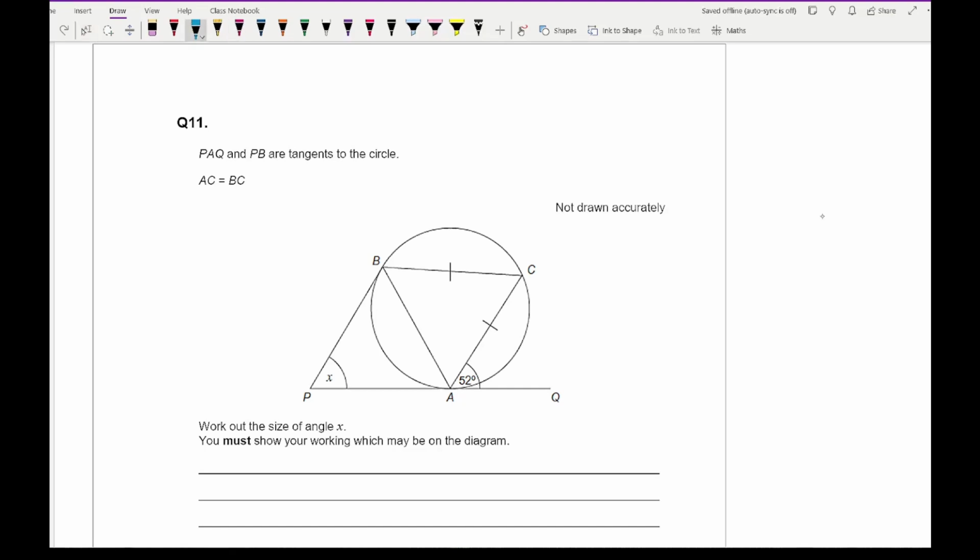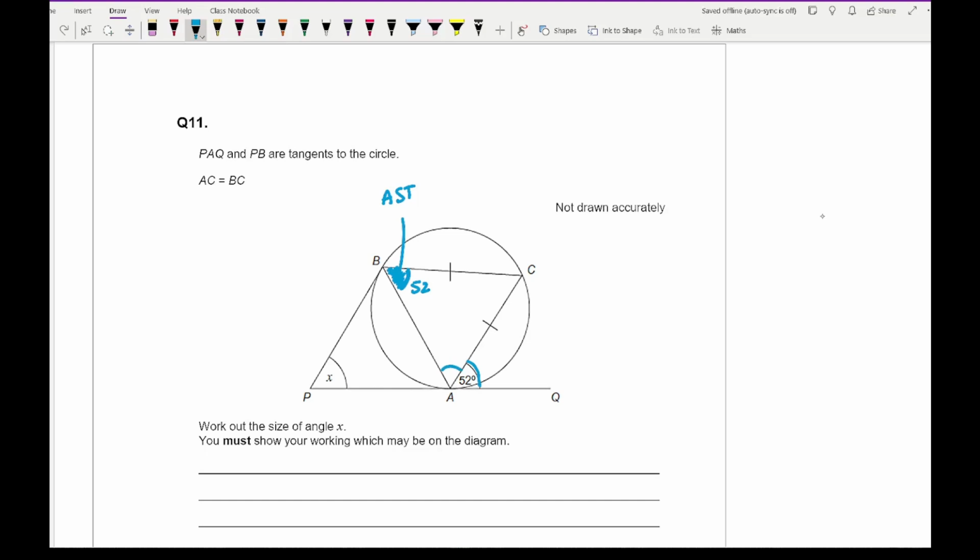So first things first, I can see that I've got a tangent and I've got a triangle. So we can know straight away that this angle here and this angle here is going to be the same, and the reason for that is because of the alternate segment theorem. Now from this we know that AC is equal to BC, and it's marked on the diagram, which means that triangle ABC is isosceles.